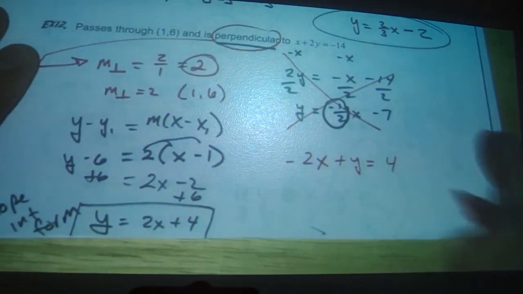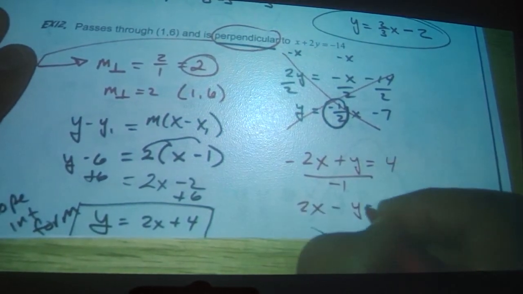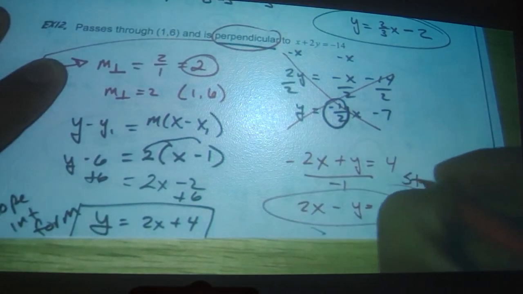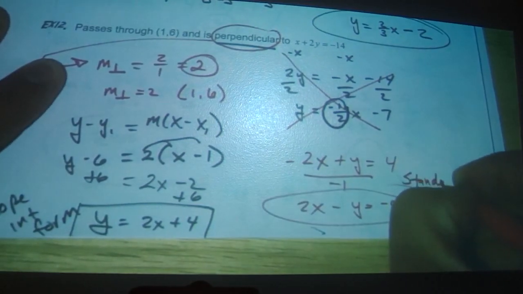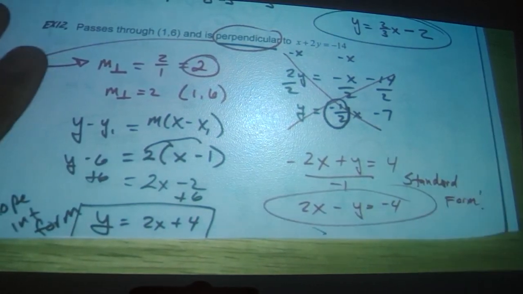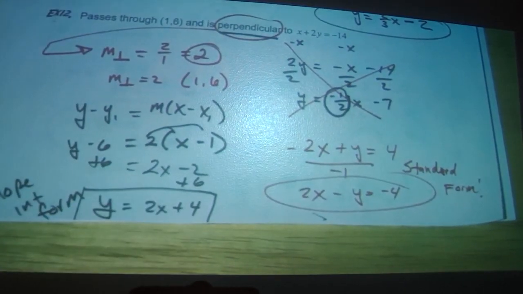And then I could divide everything by negative. And that would be 2x minus y equals negative 4. Okay, so if they ask for standard form, I'm 99% sure that I have that taken off. Standard form I don't love. I prefer this form because it's really nice to graph, easy to graph.